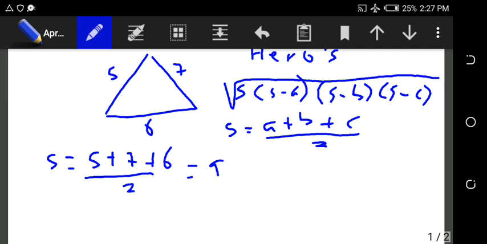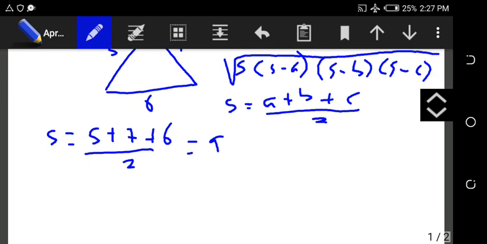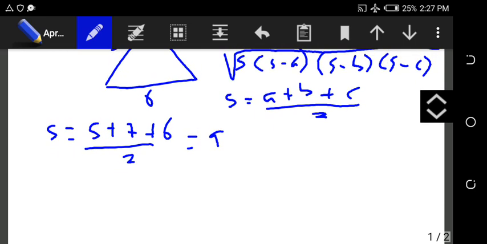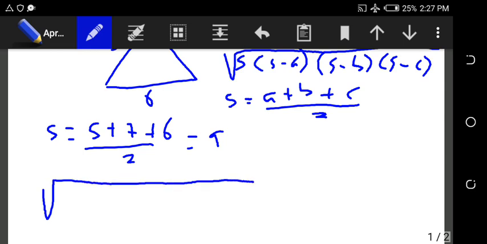Going back to the formula, we substitute the values. Now we have that the formula states that what we need is a square root of our S, first of all, which is 9 in this case, into bracket our S, which is still 9. So S is 9, what is our A?